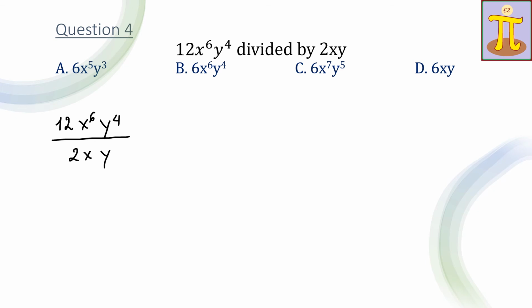We have x and y as variables in this case. Remember that a to the power of m over a to the power of n is the same thing as a to the power of m minus n.